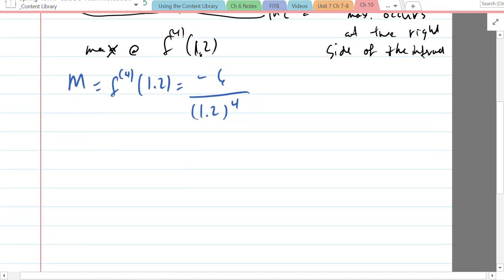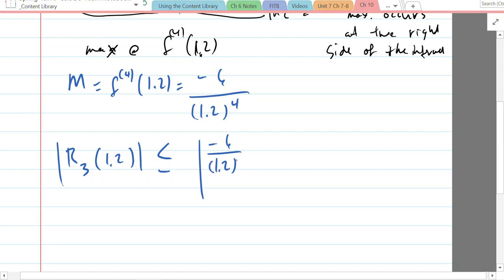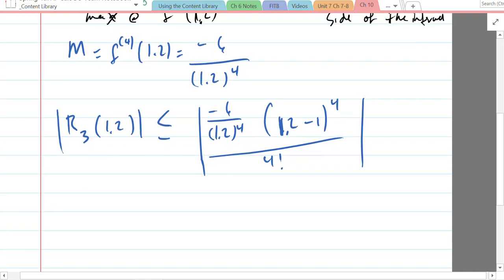So our remainder for our third degree polynomial is less than or equal to the absolute value of negative 6 over 1.2 to the fourth power times (1.2 minus 1) to the fourth power over 4 factorial, and that is equal to 0.000193.